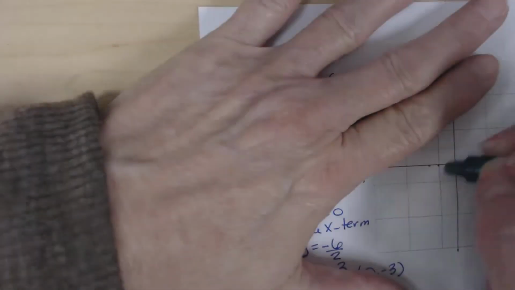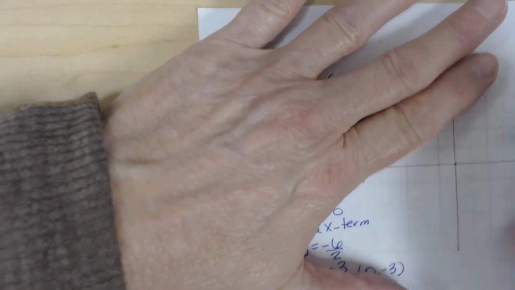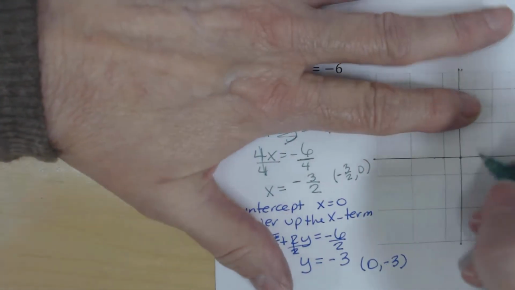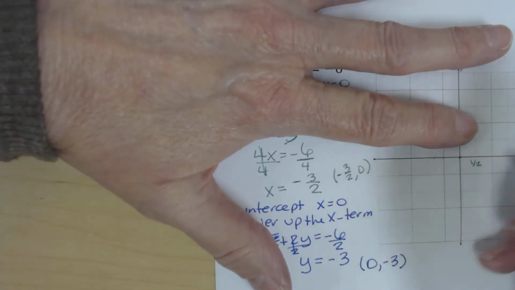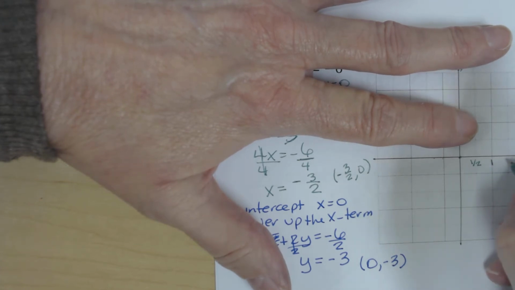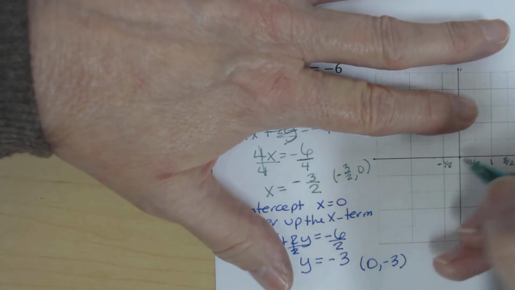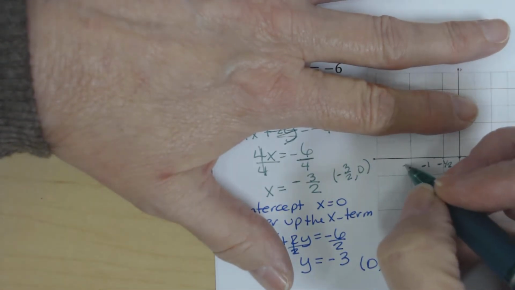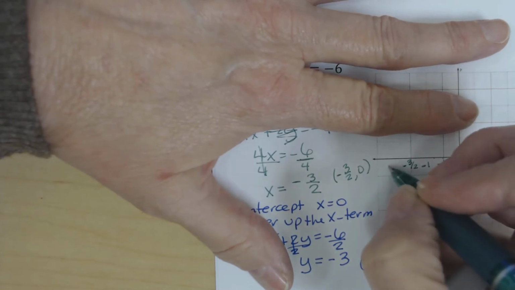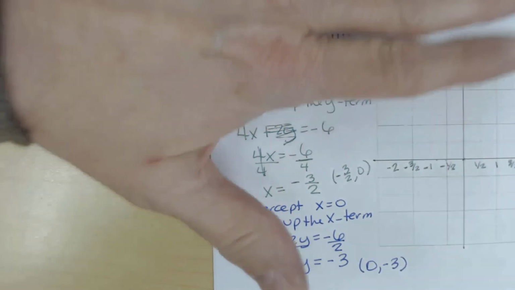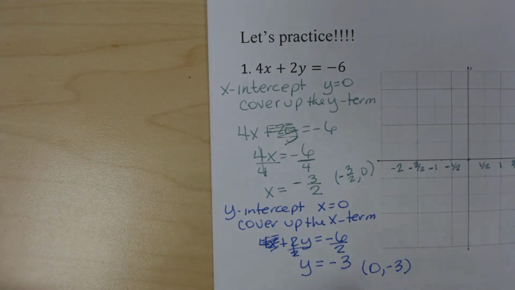And if I don't like that, what I can do is change the way that I count on the x-axis. So I can count by halves. There's 1/2, 2/2, 3/2, 4/2. Do the same thing on the negative side. Negative 1/2, negative 1, negative 3/2, negative 2. So I'm going to do that to make my life easier.